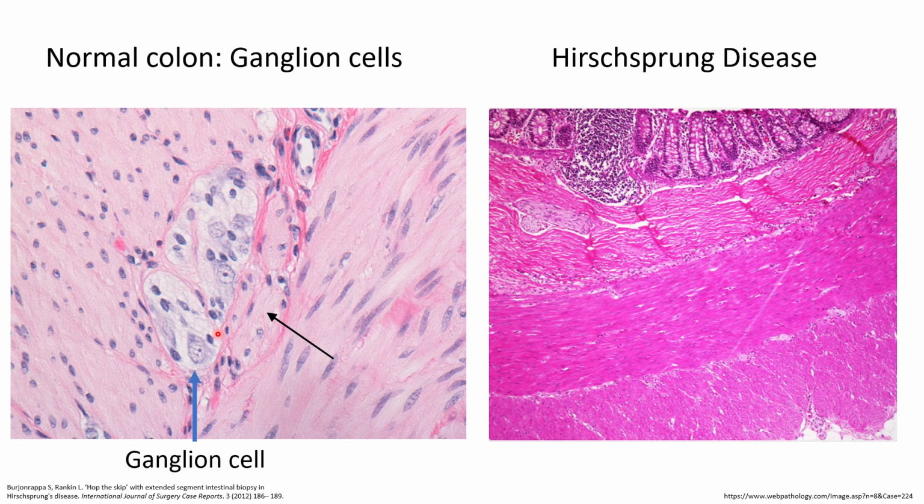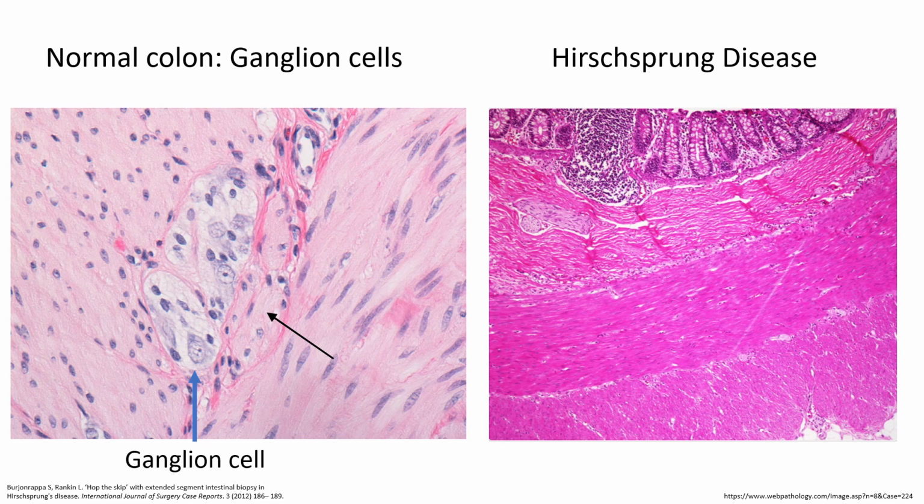This is a picture of the ganglion cells, and they are normally present within the submucosa and muscularis propria of the normal colon, as we see here in this picture.